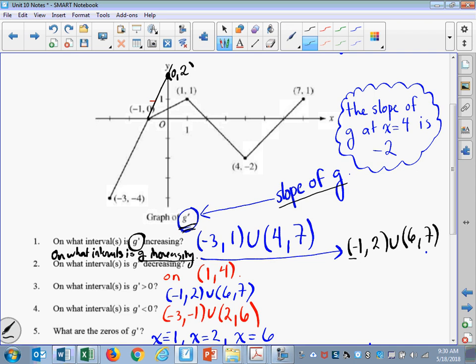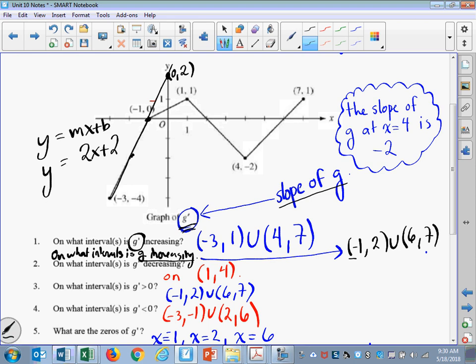So rise up 2 to the right 1, rise up 2 to the right 1. So the slope is 2. So the equation for this line, the slope is 2, so we have 2x, and the y-intercept is 2. What am I using? y equals mx plus b. The slope, I used rise over run, which is 2 over 1. And then I use the y-intercept, which is 2.